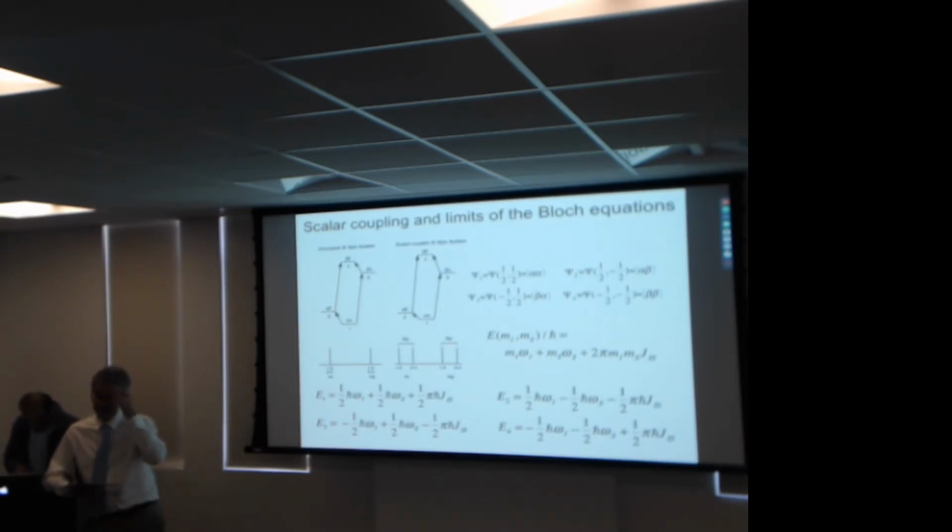Fortunately, at least as far as I know, and Anne can contradict me, there are no interactions in biological NMR that are important in which triplets or quartets of spins interact. All the non-negligible interactions are pairwise.